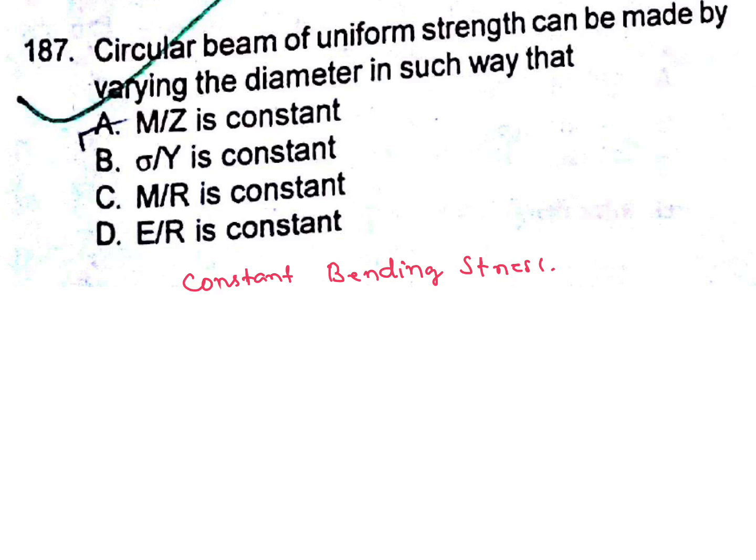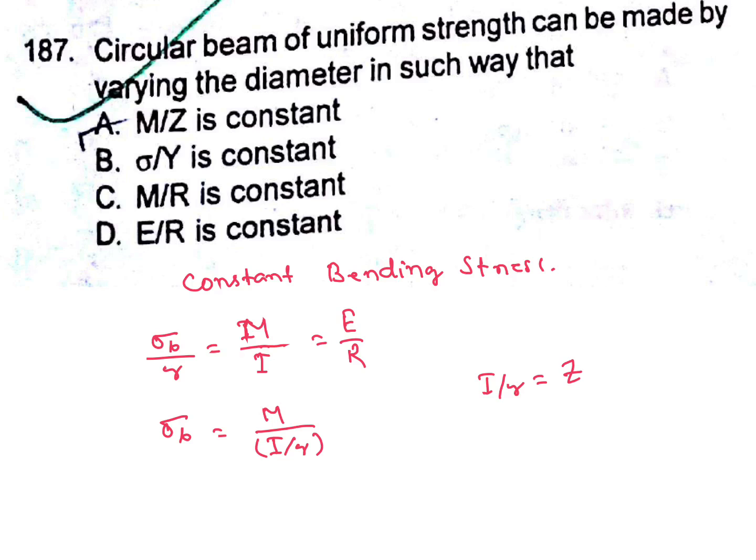So sigma_b by y equals M by I equals E by R. From here sigma_b equals M into I by y, and I by y is Z, the section modulus. So sigma_b equals M by Z. Sigma_b is constant, or M by Z is constant. A is the answer.